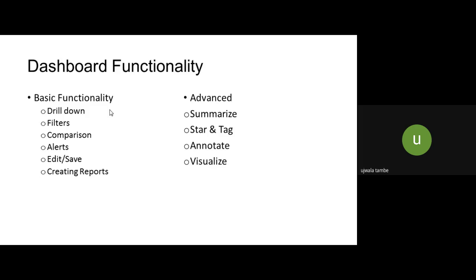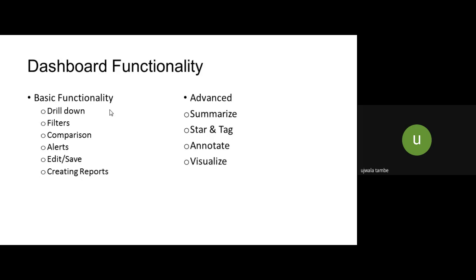Then the next are the advanced options. So what are the advanced options available in the dashboard functionality? The first one is the summarize. An advanced dashboard can also automatically generate textual descriptions of key information.